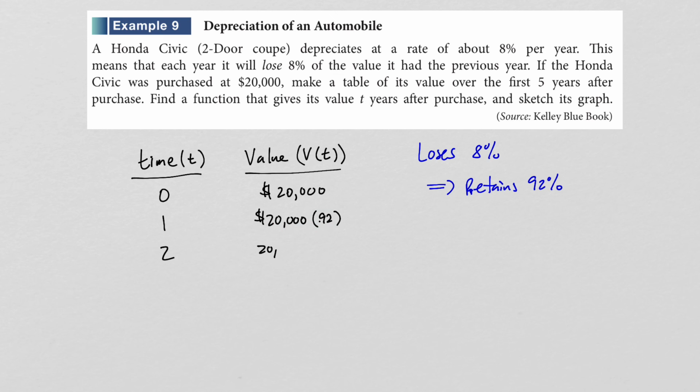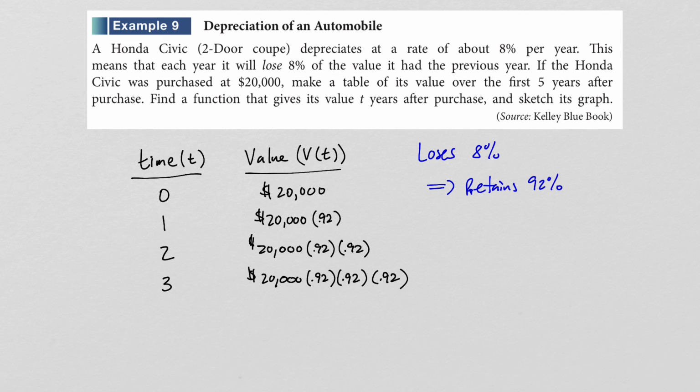So we have to take the $20,000 that has been multiplied by 0.92, and we have to multiply it by 0.92 again. After the third year, we're going to take that value, so 20,000 times 0.92 times 0.92, and we have to multiply that by 0.92 again because, again, it only retains 92% of its value.